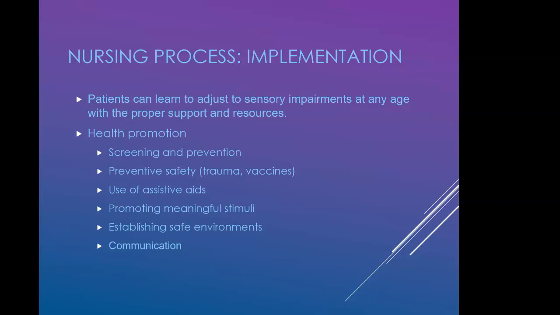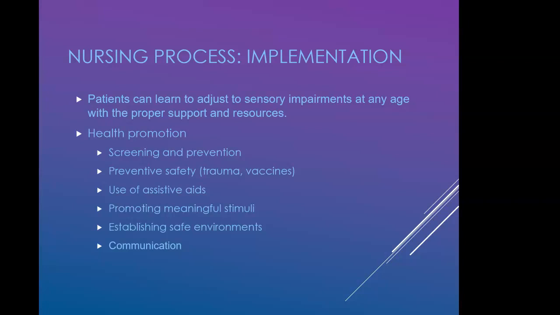Because aging is associated with degenerative changes in the ear, patients need to have hearing screenings at least every decade through age 50 and every 3 years thereafter. So every 10 years, and then every 3 years once they become 50 years old.